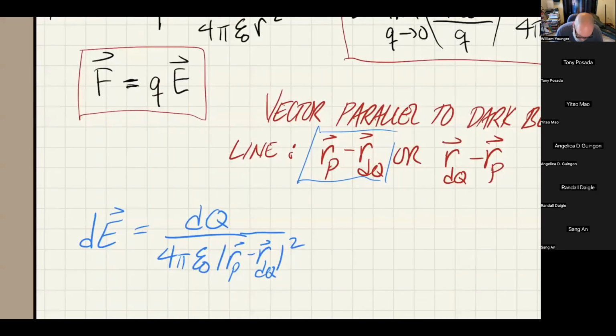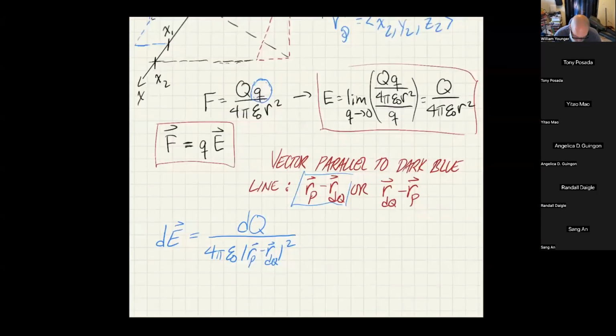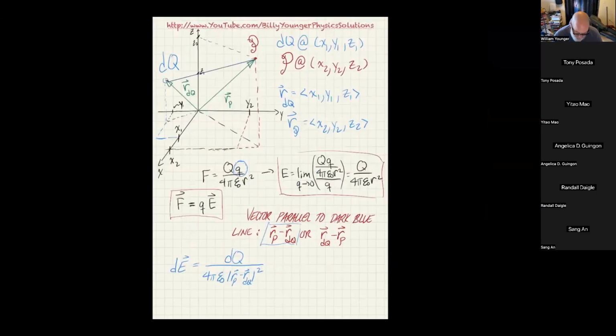I don't like how unneat that is, so I'm going to make it a little prettier. That'll take care of the actual r part and let you further understand exactly what r is. It's the distance between the point P and the charge dq, or at least the center of charge of the dq. So right now I have on the left-hand side a vector and on the right-hand side a scalar.